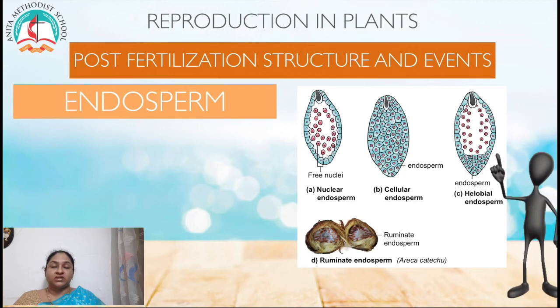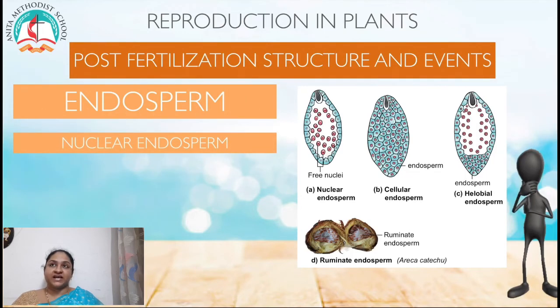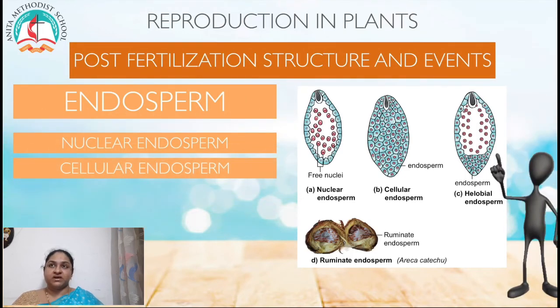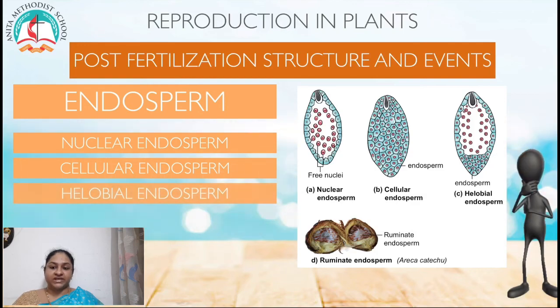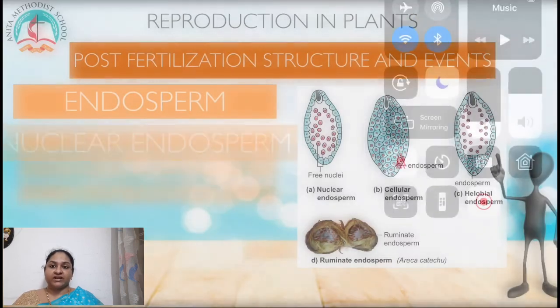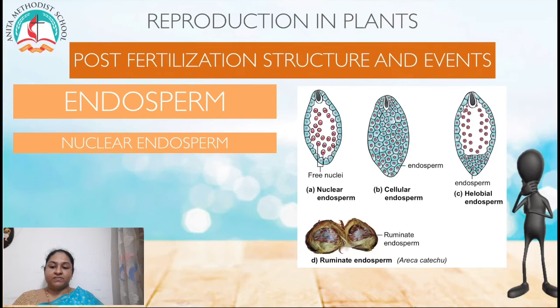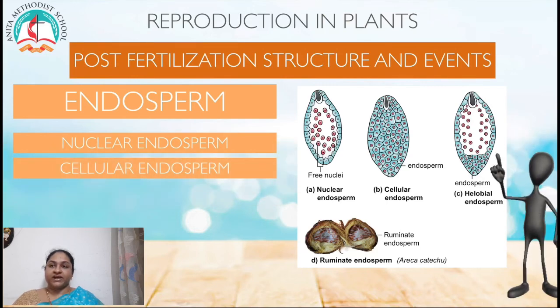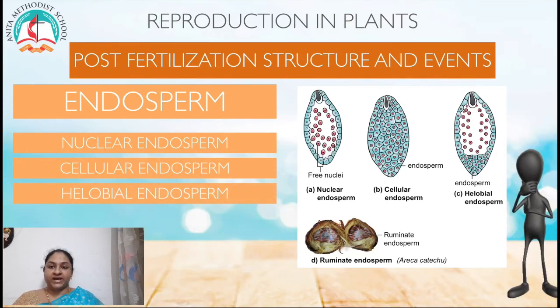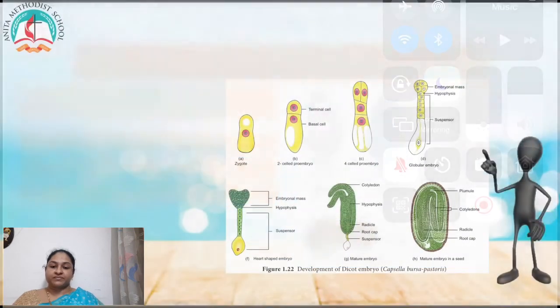Depending upon the mode of development, there are three types of endosperms: nuclear endosperm, as you see in the picture, then the cellular endosperm and the helobial endosperm. Finally, we also have ruminate endosperm.